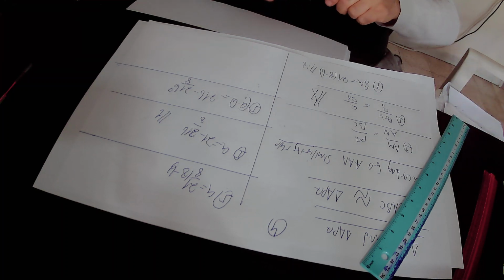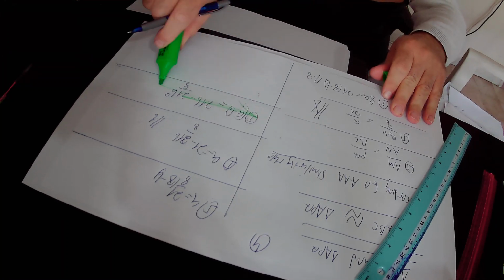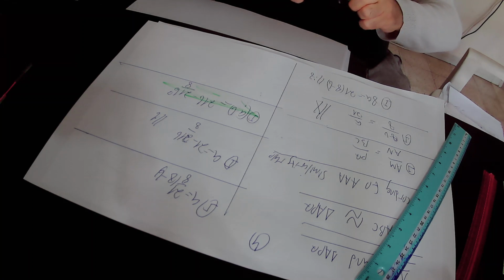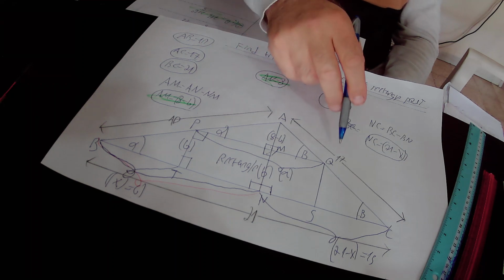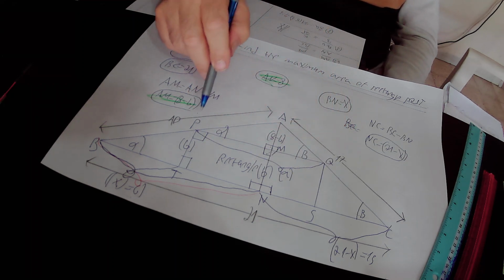So, what is the meaning of A times B? A is the length of this rectangle PQST, and B is the width.